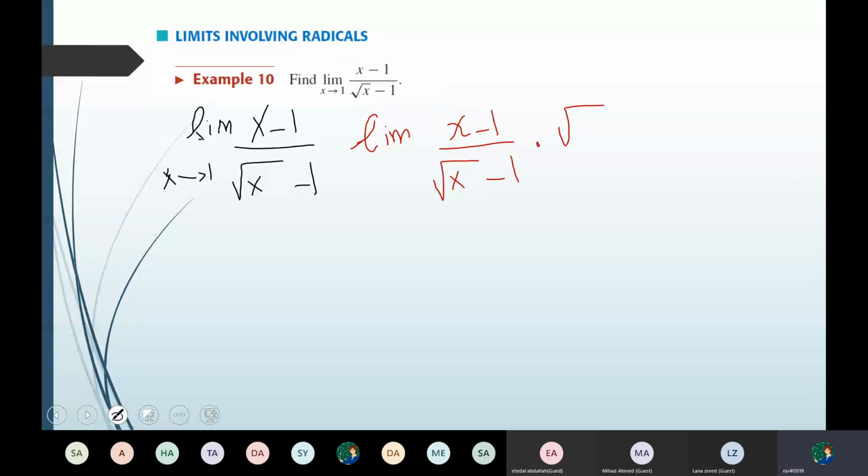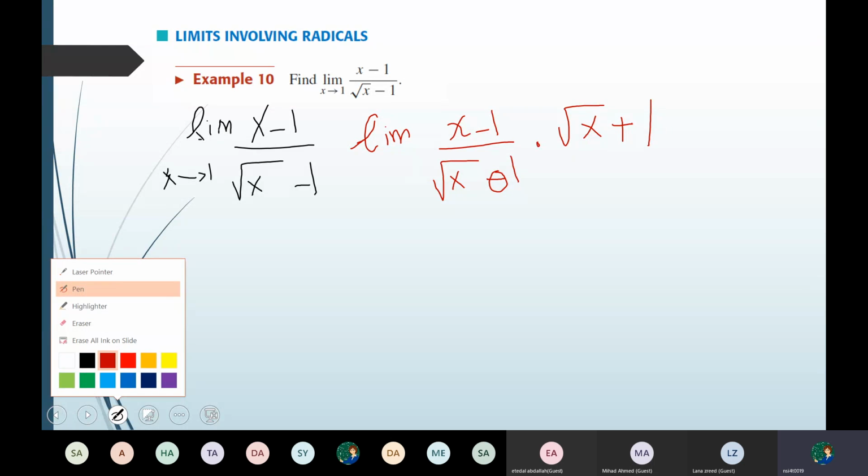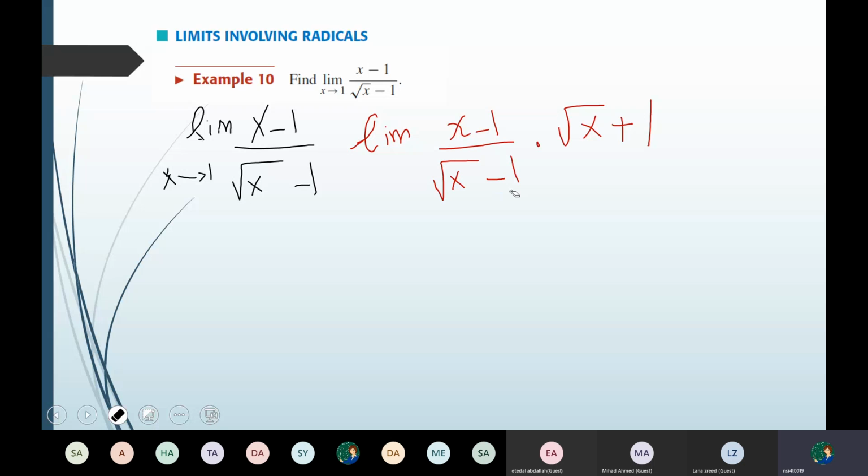Square root of x, keep it as it is. Then this minus, write it as a plus 1. So just change the sign: square root of x minus 1, write it as square root of x plus 1. And since you multiply the numerator, you also have to multiply the denominator. This way we call it rationalizing the function.